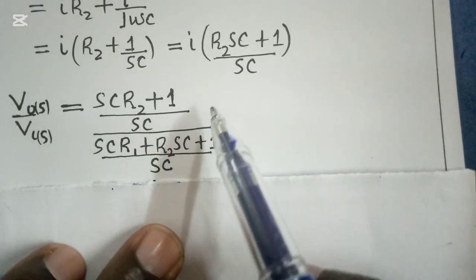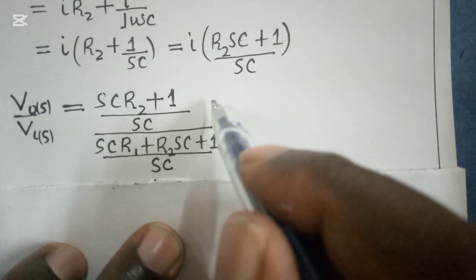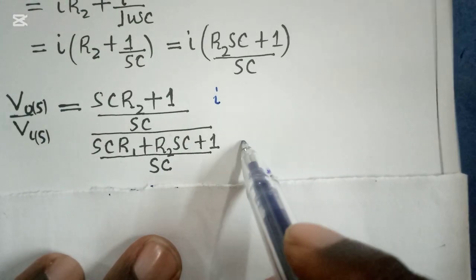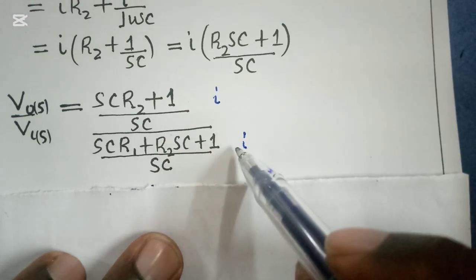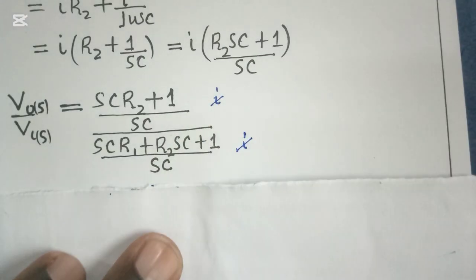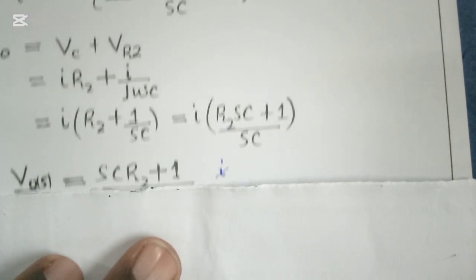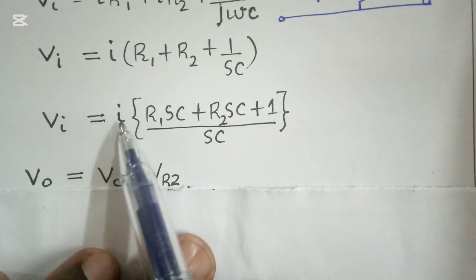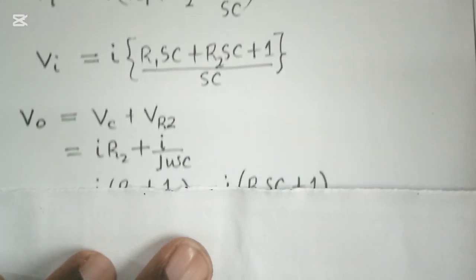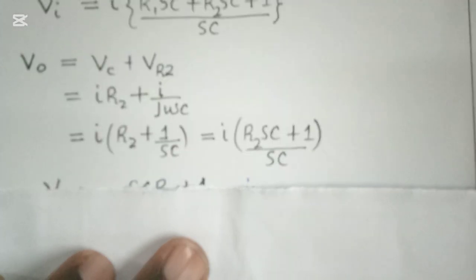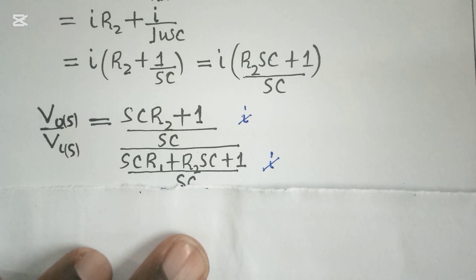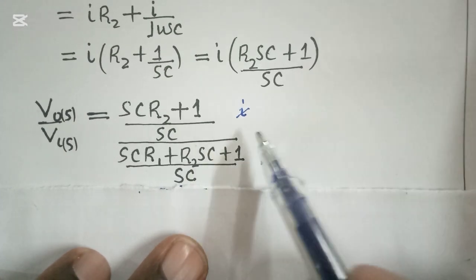We also have I at this point, and remember, even this one had an I. And those I's will actually cancel, as you can see. The input has an I, and the output also has an I, which is the same current, because it is a series circuit, and so the current will cancel.